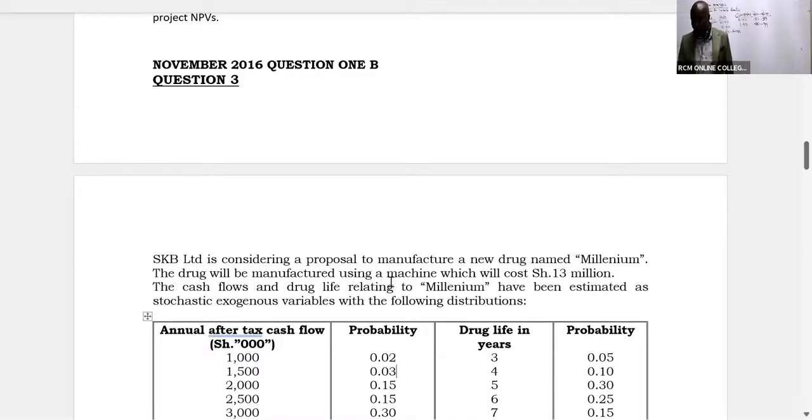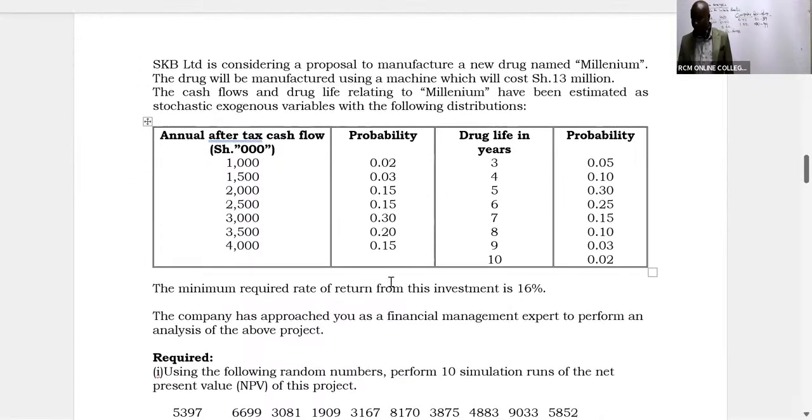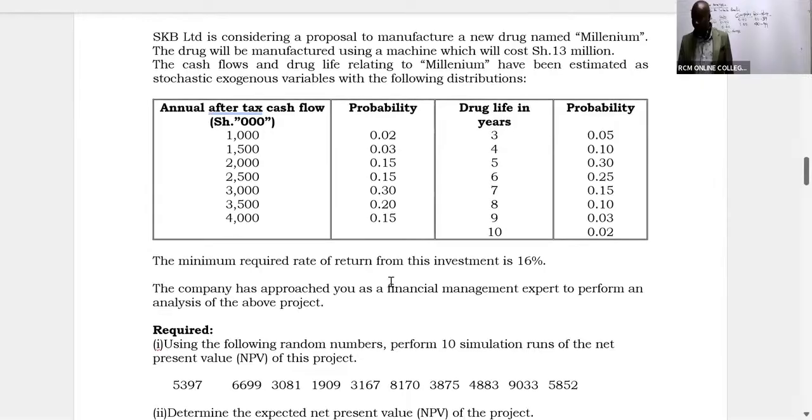So we have annual after-tax cash flows, probability, drug life, and then the probabilities there. So we have 2 variables there. And then they're telling us that the minimum required rate of return is 16%.